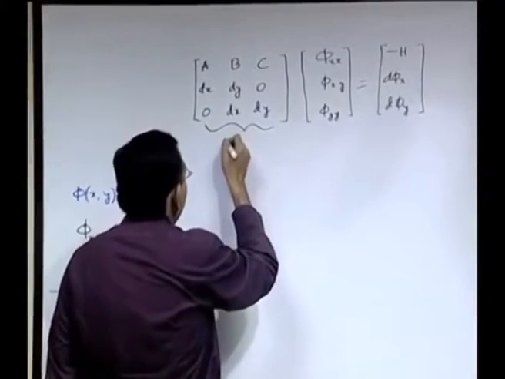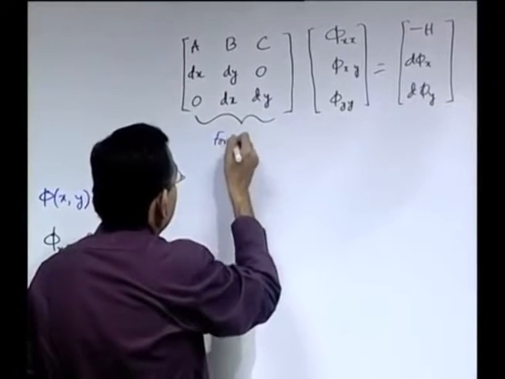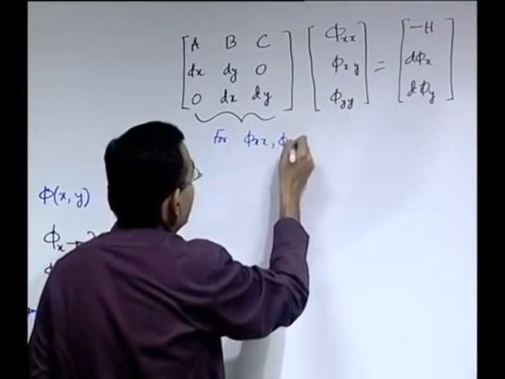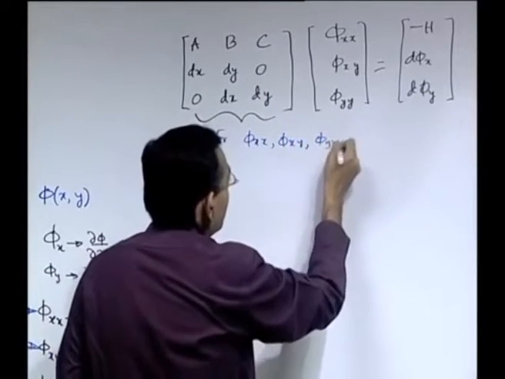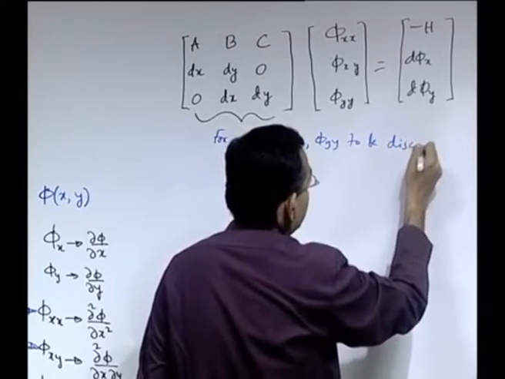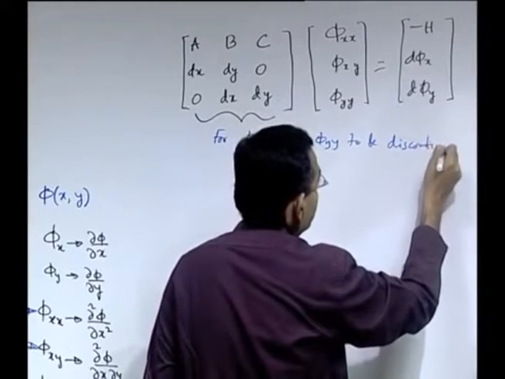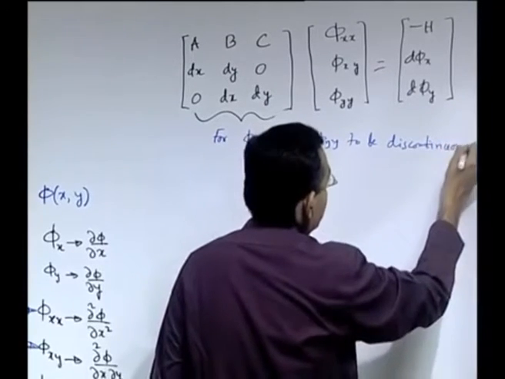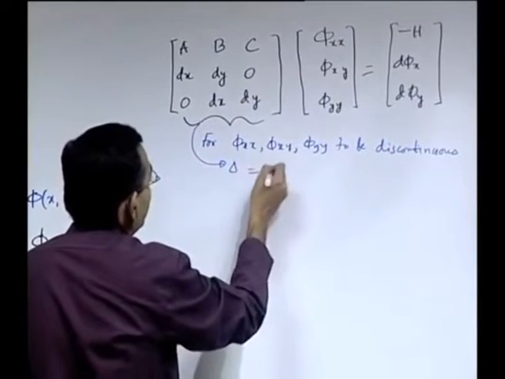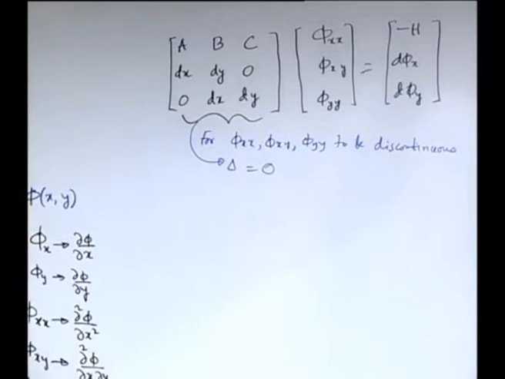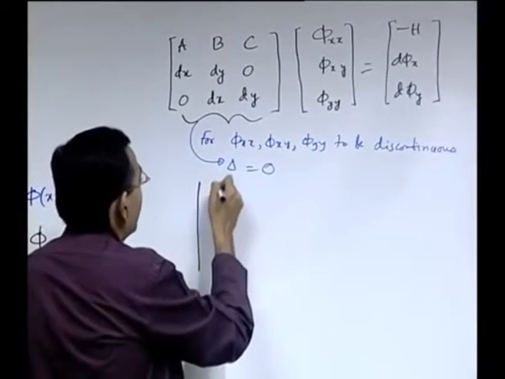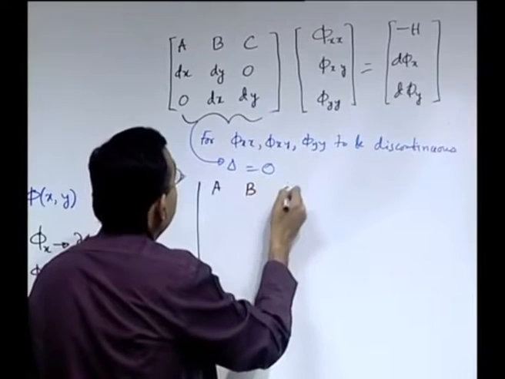So, for phi xx, phi xy, phi yy to be discontinuous, you must have this determinant equal to 0. So, let us expand that determinant and see what the corresponding condition is.